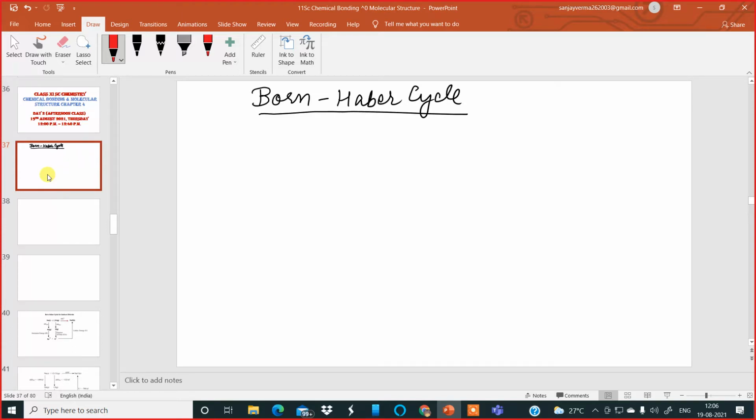Okay, now what is Born-Haber cycle? This Born-Haber cycle is a cycle which helps us to understand and calculate the energy change involved in the formation of an ionic bond from its constituent elements. So this is called the Born-Haber cycle.